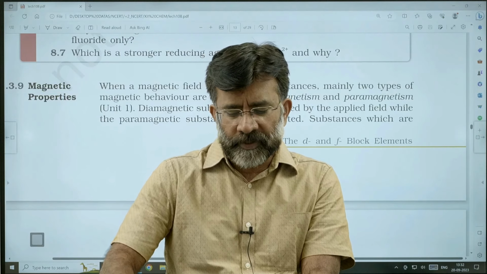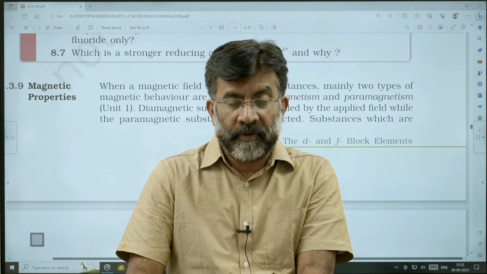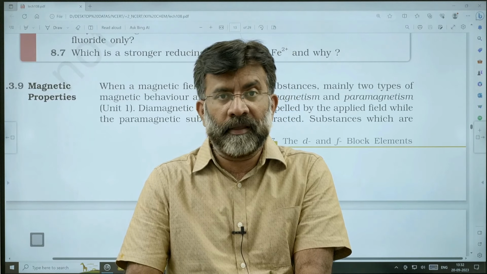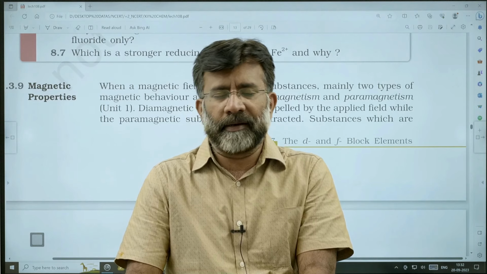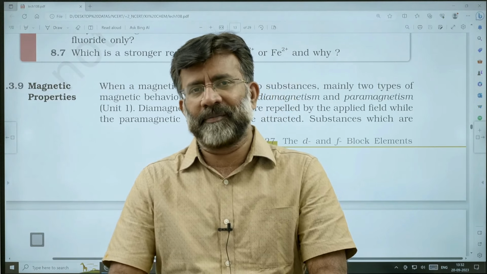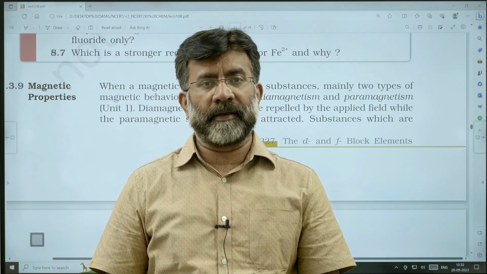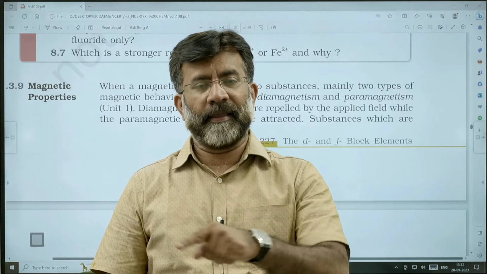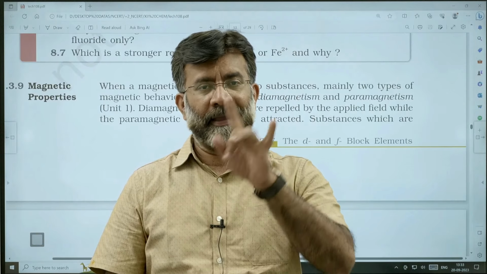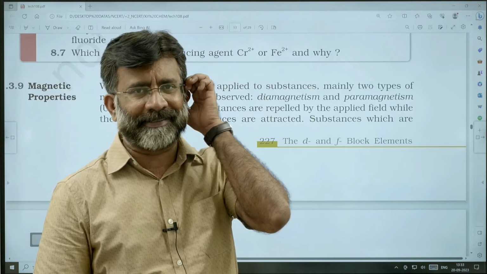The presence of at least one unpaired electron makes the system paramagnetic. When the number of unpaired electrons is very high and the overall magnetic moment is very high, it is used for preparing permanent magnets. It's called ferromagnetic. So: paramagnetic, diamagnetic, ferromagnetic, antiferromagnetic, ferrimagnetic. We are learning these in another context, right? Fine.